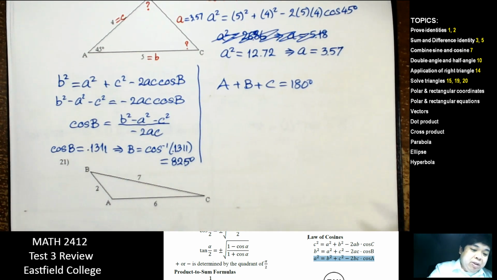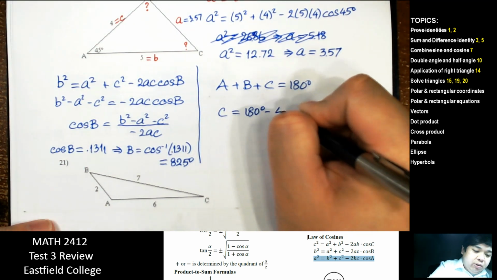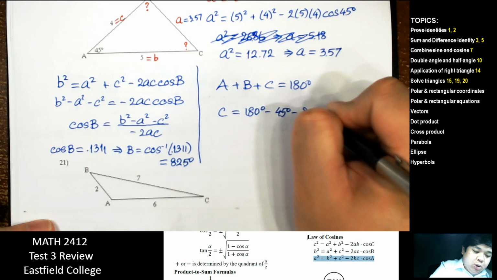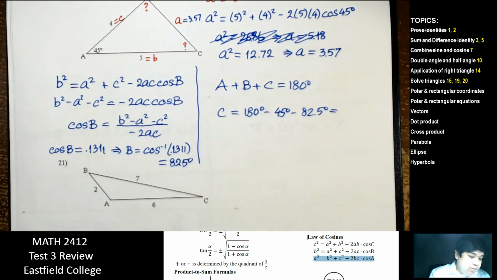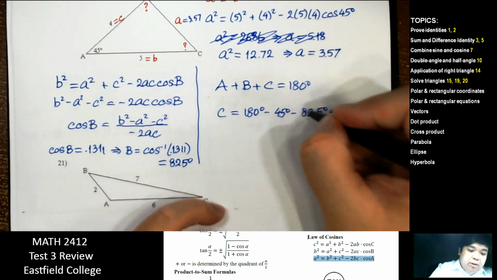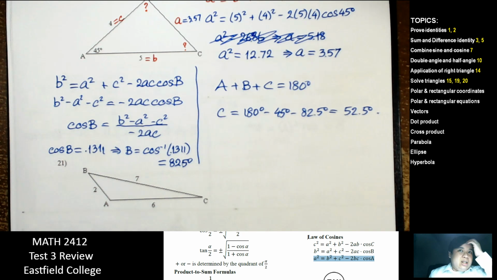So that's what we have. And finally, C is 180 minus 45 minus 82.5, and we get 52.5, or close enough. Right. So that's solving triangle.